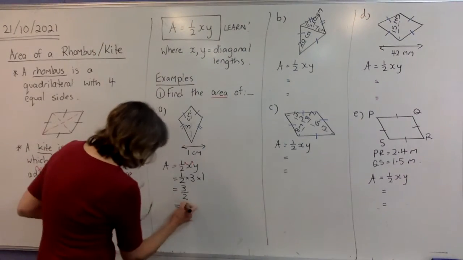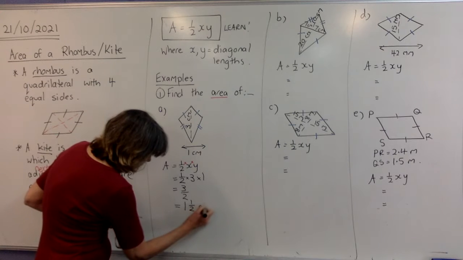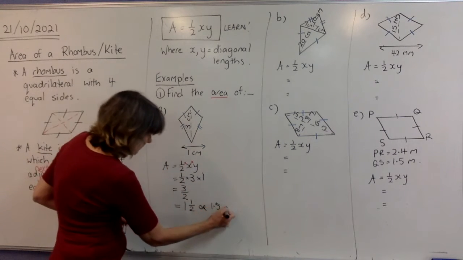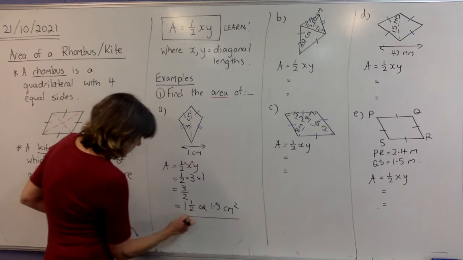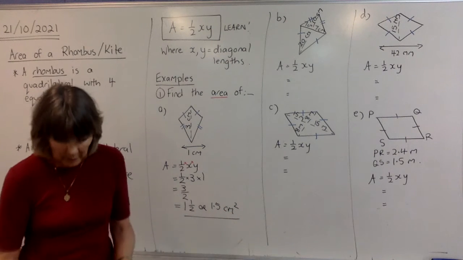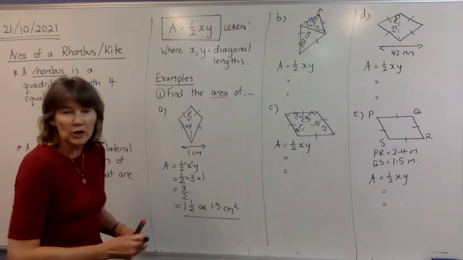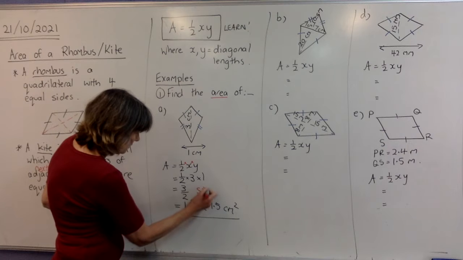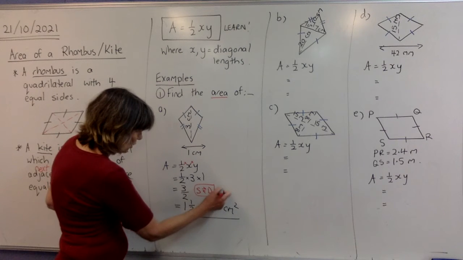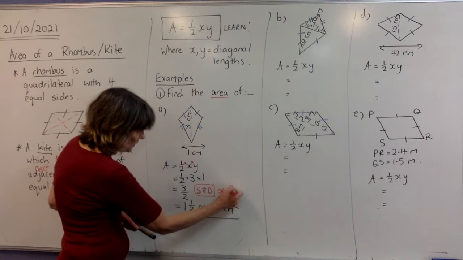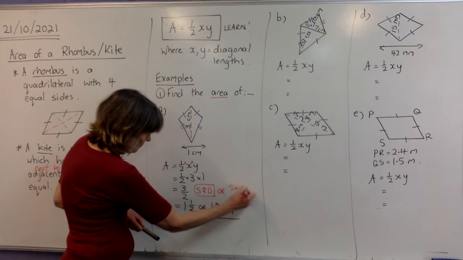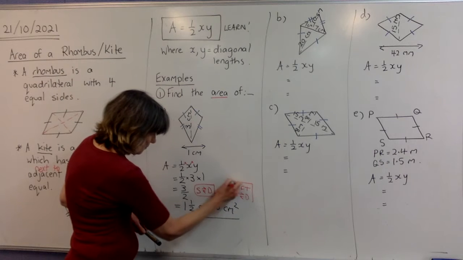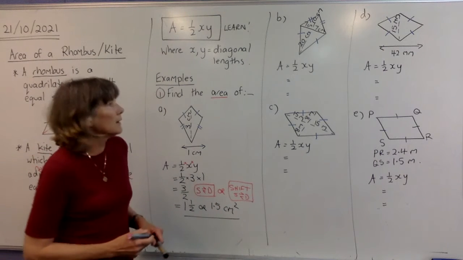All right, so you can give the answer as 1.5 or 1.5. The units are centimetres, and it's an area, so it's squared. Okay, so just remember when you get that fraction answer, that improper fraction, you either use SD or Shift SD to get your answer.